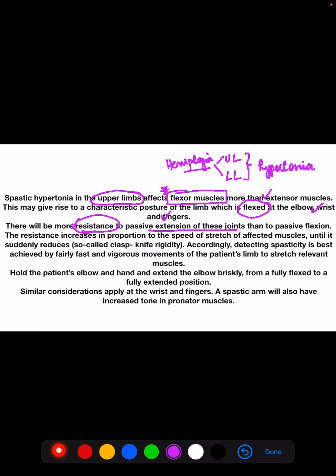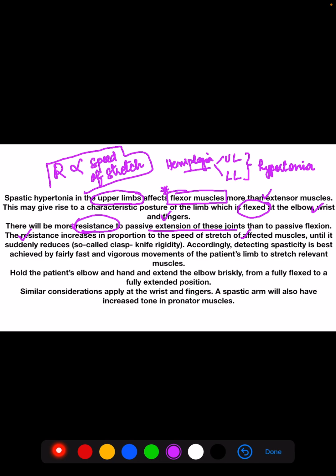And this resistance increases in proportion to the speed of stretch. If we stretch fast, the resistance will be more. So the resistance increases in proportion to the speed of the stretch of the affected muscles.